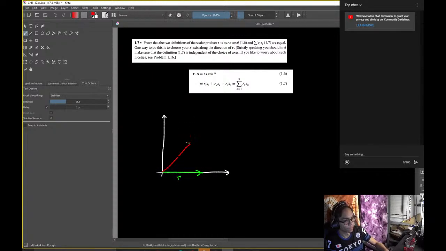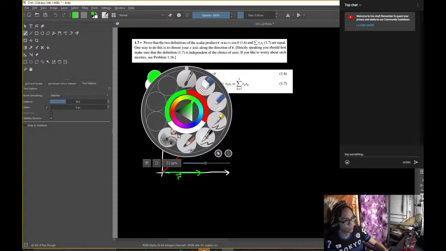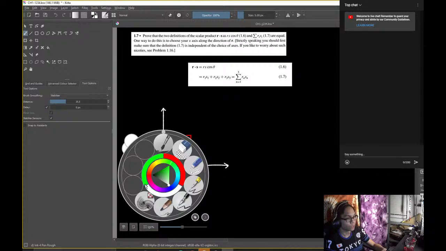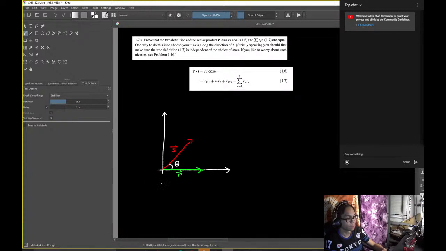And then this one is s. This is r, and theta is the angle. Now that we chose this, the r is going to have a length, right? It's going to be r.